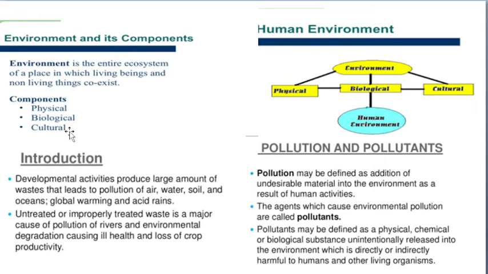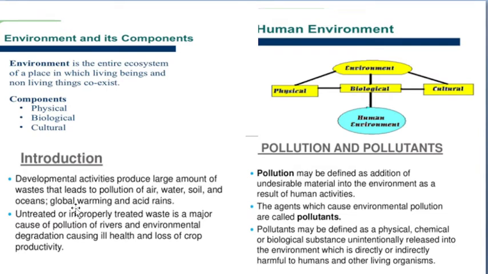Nowadays population is growing, or we can say exploding, day by day, and India, our country, is placed in the second position in population growth. Different developmental activities, such as industrialization and urbanization, produce large amounts of wastes that lead to pollution of the physical components of the ecosystem, meaning it creates pollution in air, water, soil and ocean.